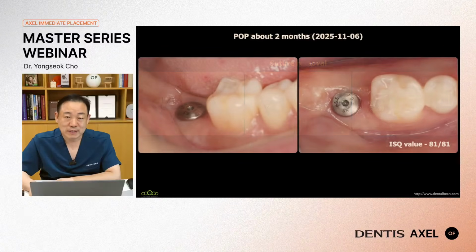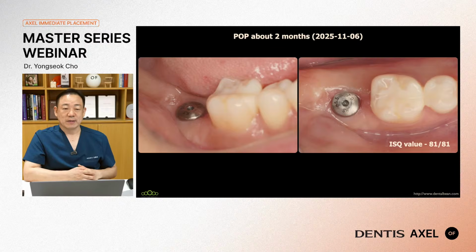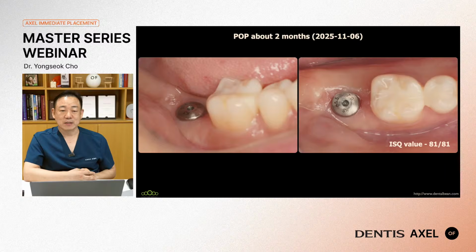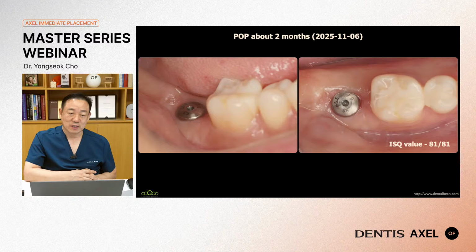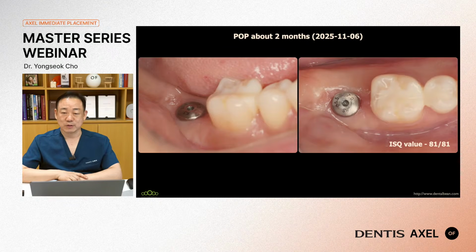And two months later, we can see nice buccal tissue volume and quality of tissue. Look at the sufficient attached gingiva on the buccal side. Because of the apically positioning suture, it increased the buccal tissue volume and keratinized tissue.